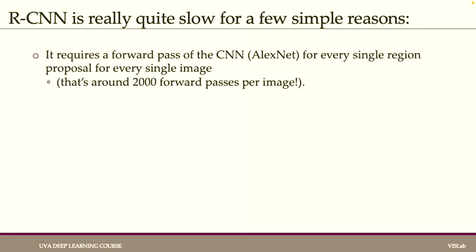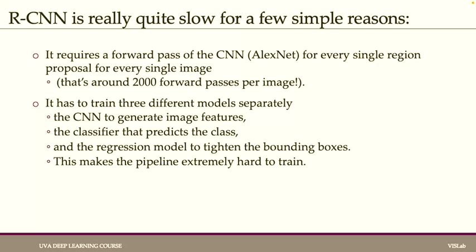Right, it's very slow though. I mentioned these 2,000 proposals. The selective search is pretty fast, but then applying the CNN to all of these is pretty expensive. So that's 2,000 forward passes.